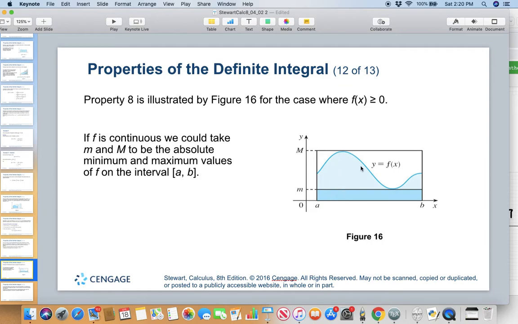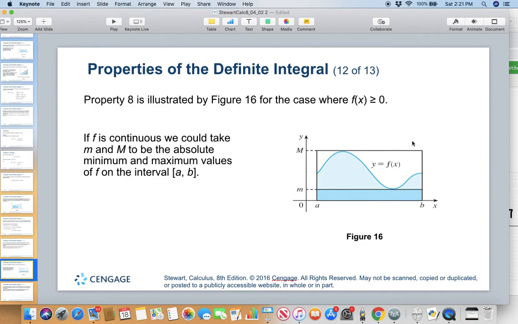Well, the area under the curve of f: you see this entire area is bigger than the area of this thin rectangle and smaller than this fat rectangle, right? Because this area contains the small sliver and is contained in this big rectangle.